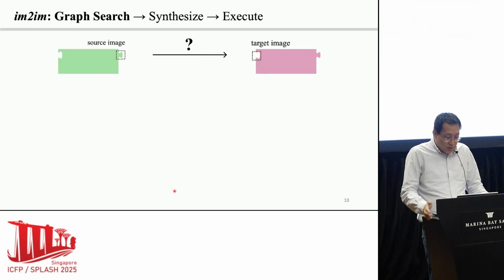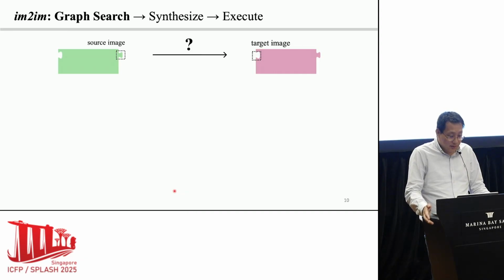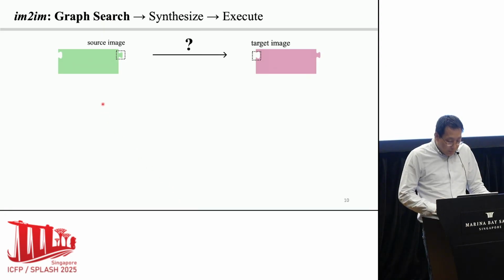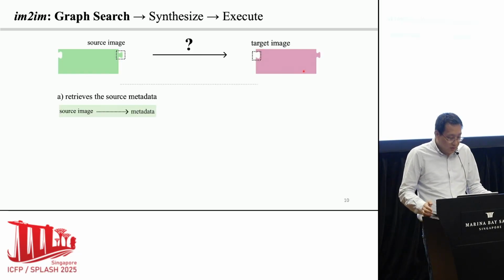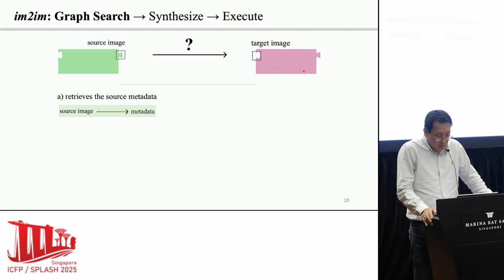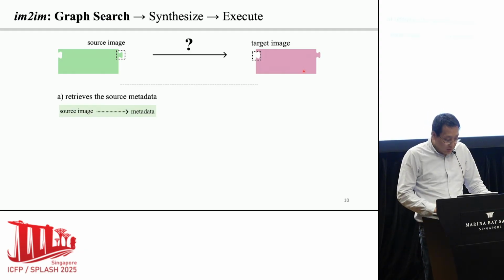im2im follows three steps: search, synthesis, and execution, to convert the source image to the target image needed for this operation at runtime. For graph search, first im2im retrieves the source metadata from the given image.